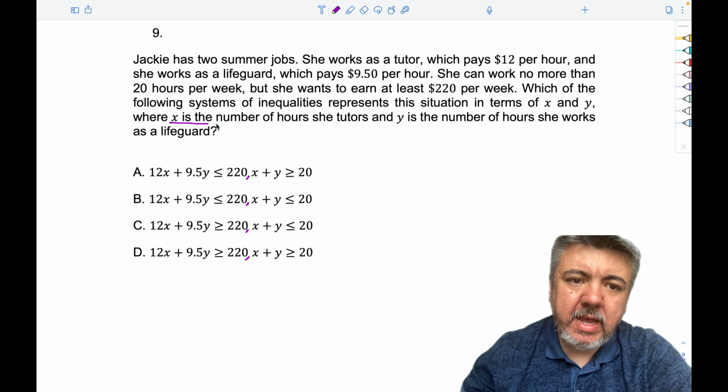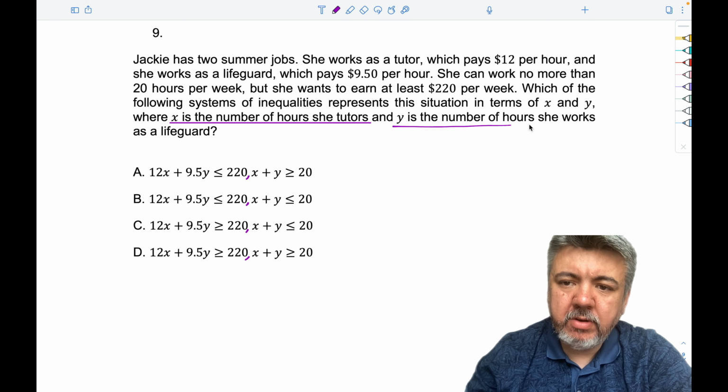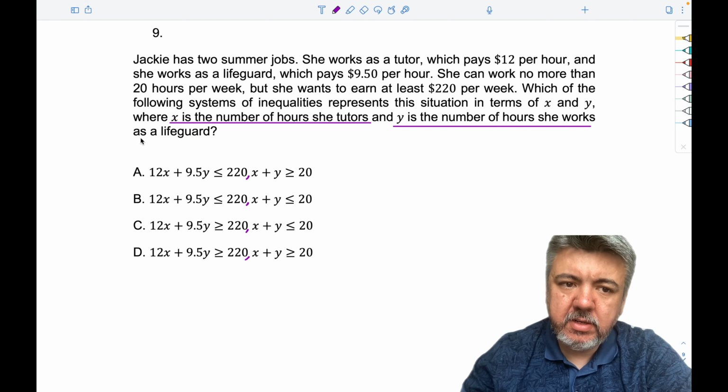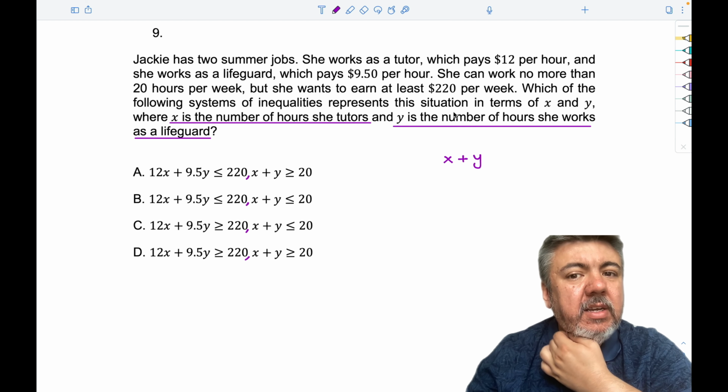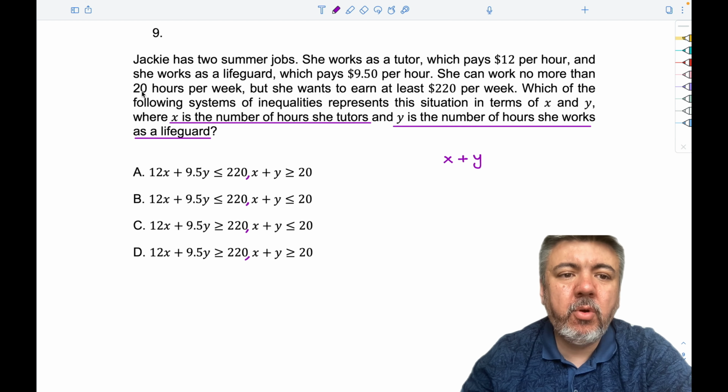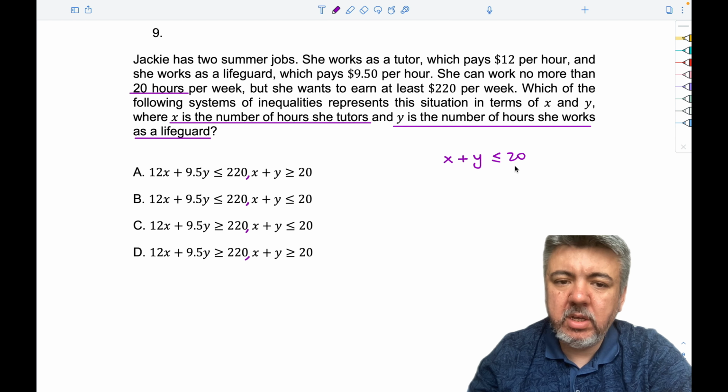This is important: x is the number of hours she tutors, and y is the number of hours she works as a lifeguard. So x hours for tutoring and y hours for lifeguarding cannot exceed 20 hours, meaning less than or equal to 20.